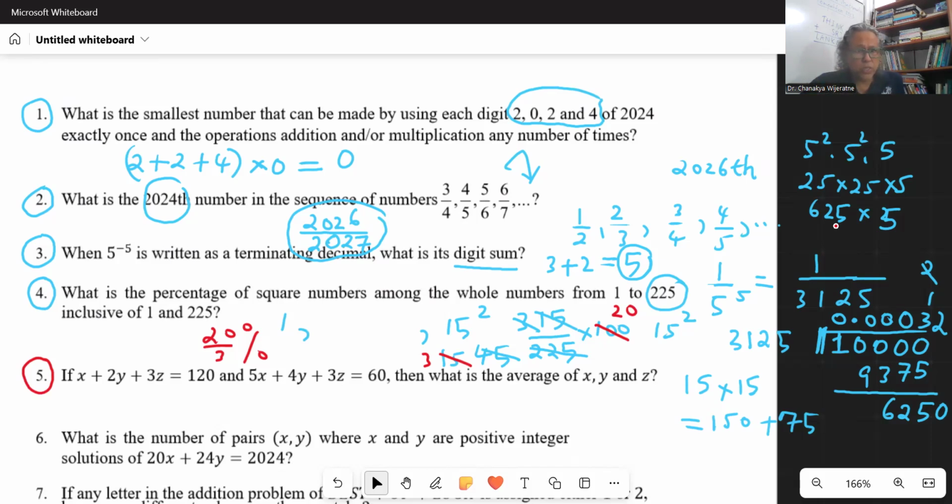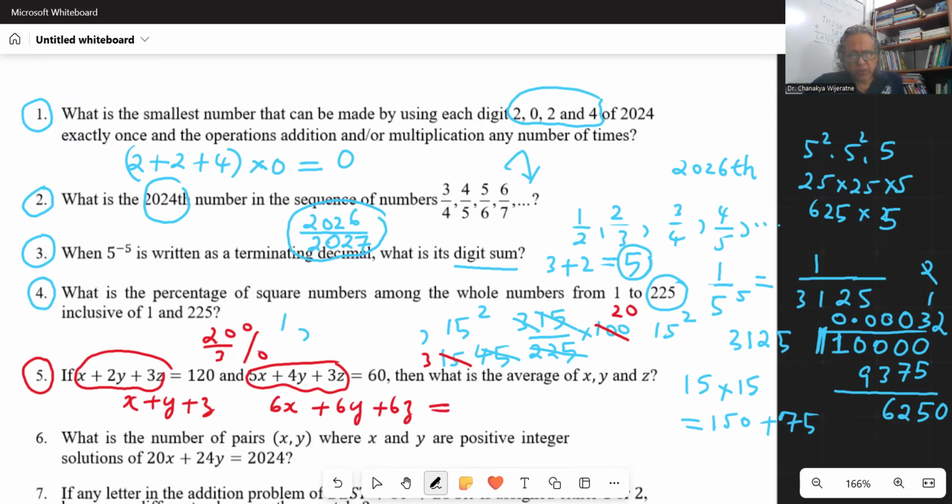But what we want actually is not x, y, and z separately. We just want their sum. So if you look at these 2 equations with that in mind, you can see that if you add them up, you get 6x plus 6y plus 6z is equal to 180.